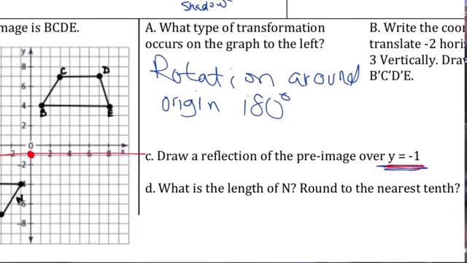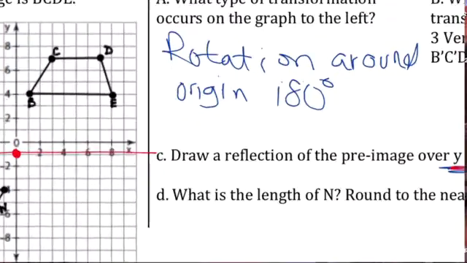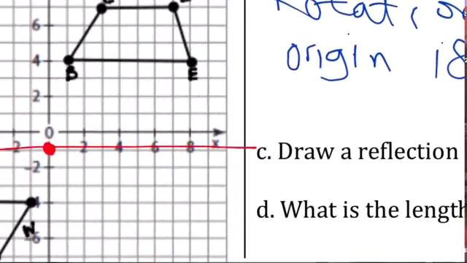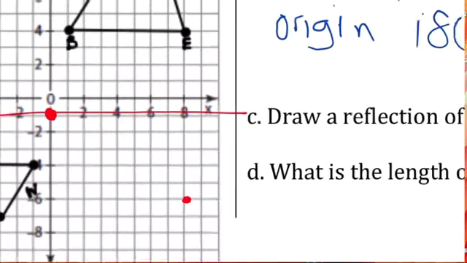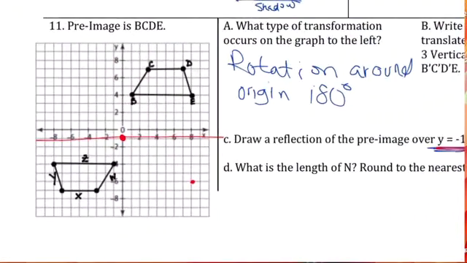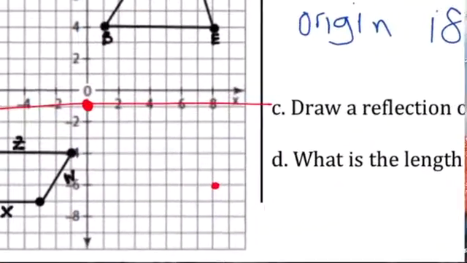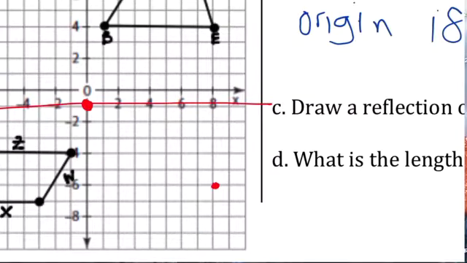Draw a reflection over y equals negative 1. So if you look at E here, reflection is a flip. That's 5, so you need to count 5 right there. They didn't say to label anything. B is 5 minus 5. If you want to see what's going on with the numbers, we can.